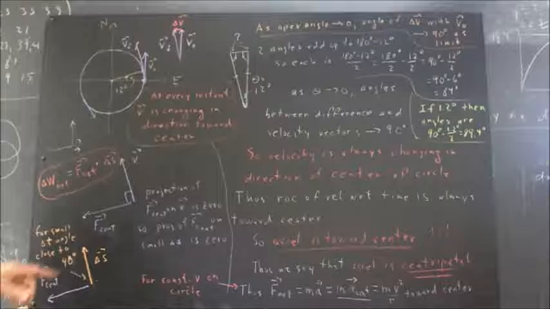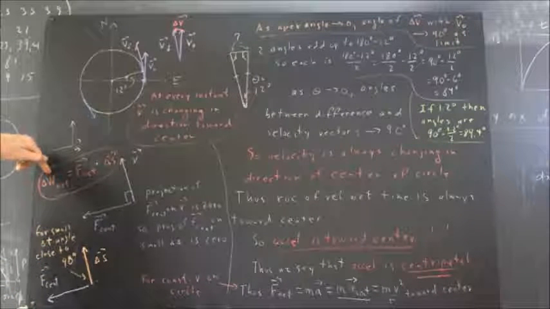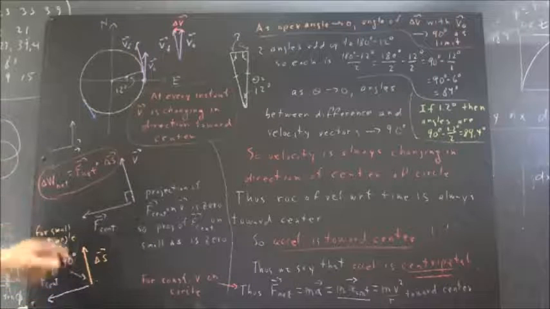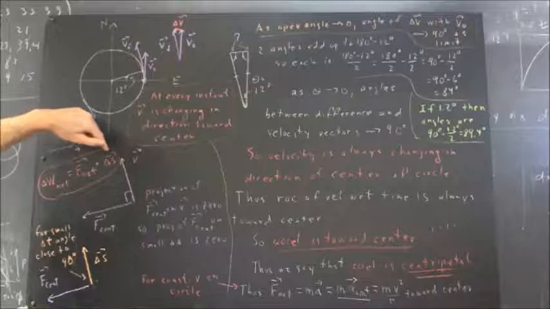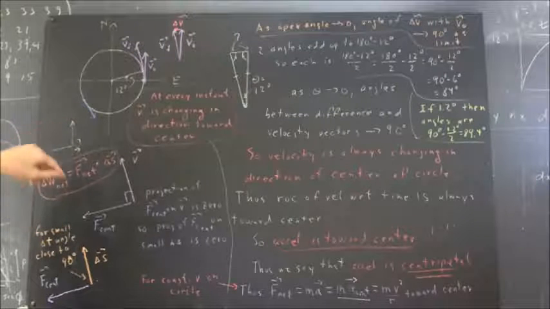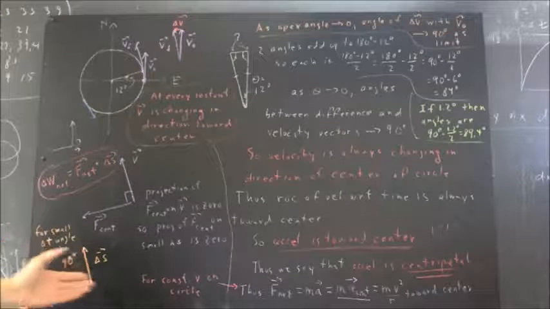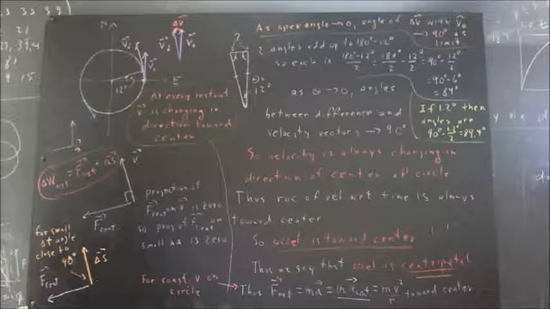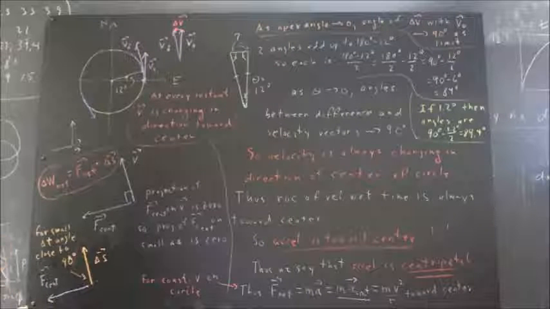So the work done on a small time interval is equal to F net times delta s, or the dot product of F net with delta s. Now, how do we do the dot product of two vectors? We project one vector onto the line of the other, and then we multiply the projection by that other vector.